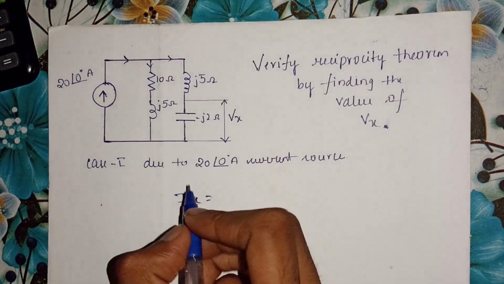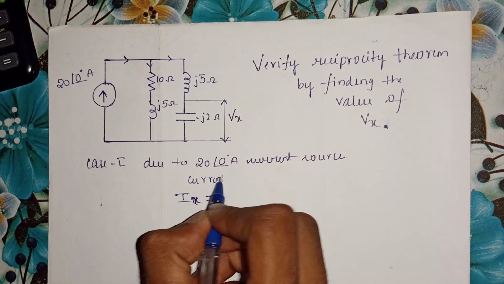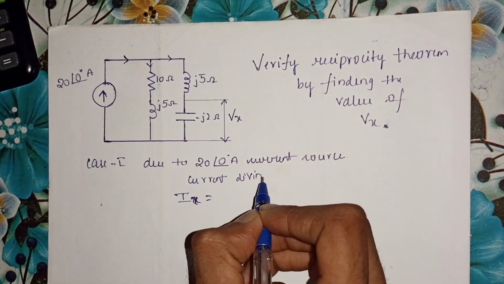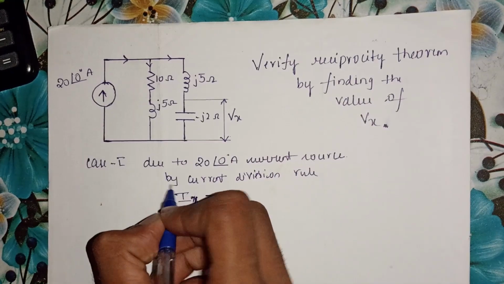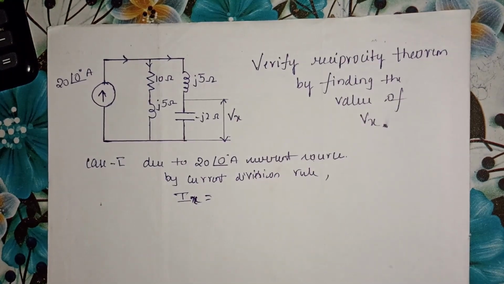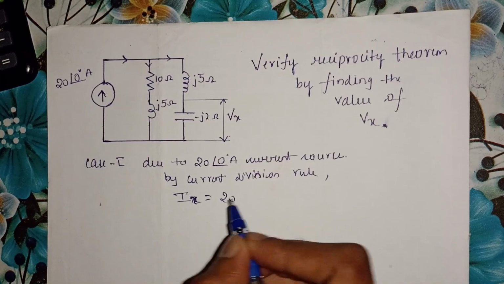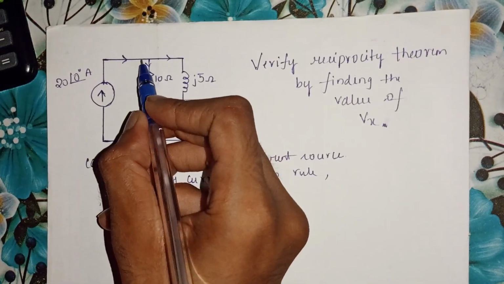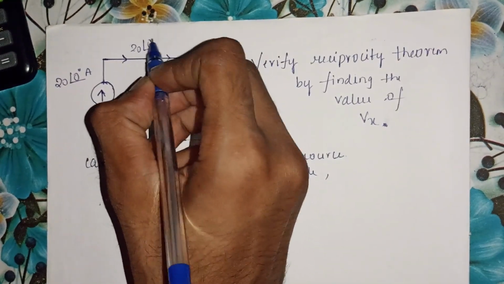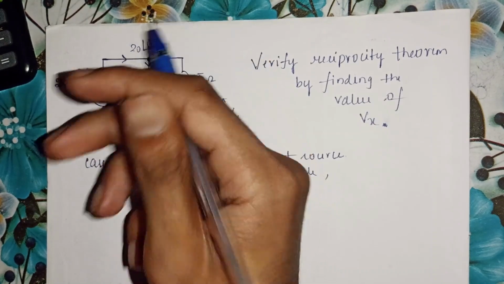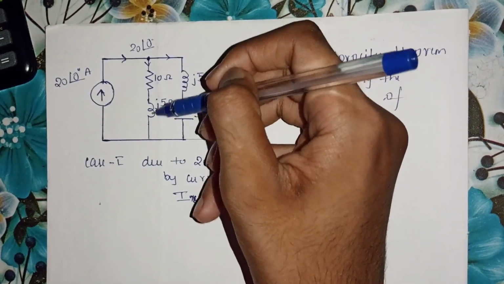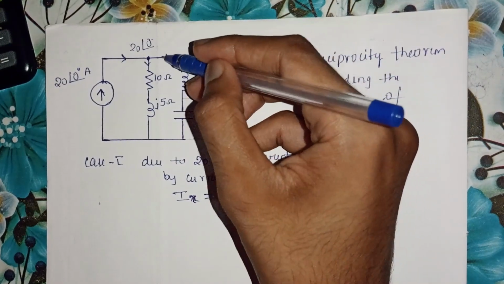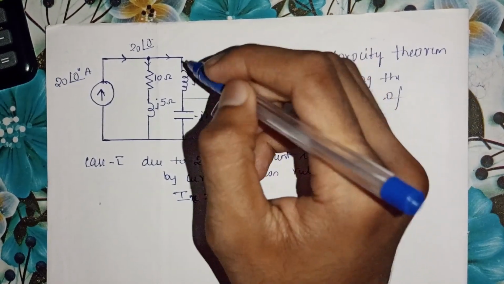So Ix is equal to, by current division rule, the main current 20, because the same current enters up to this node. At this node it gets split into two ways: a part of the current enters this branch, and another part enters the other branch, which is the required branch current.